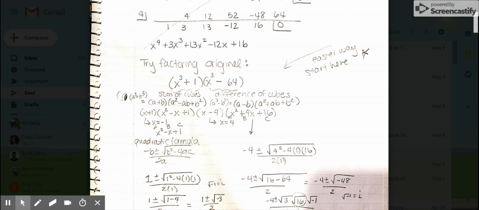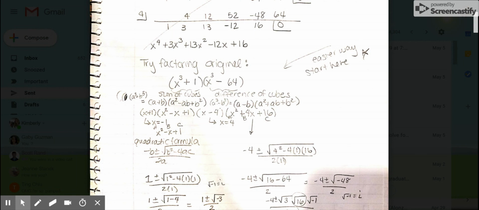Then what I did was, this is called the sum of cubes. It's a formula here, which you probably went over at some point. The sum of cubes means you're adding two cubes. This is x cubed, this is 1 cubed. So the formula is a cubed plus b cubed is equal to a plus b times a squared minus ab plus b squared.